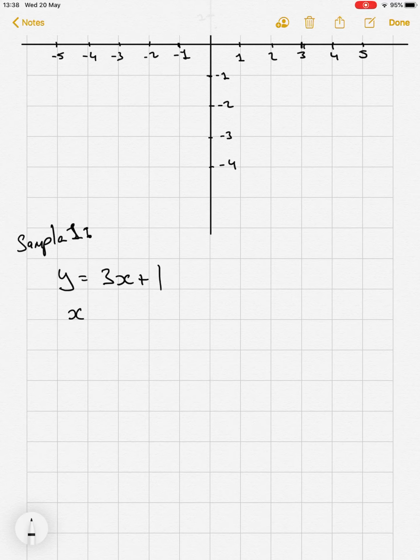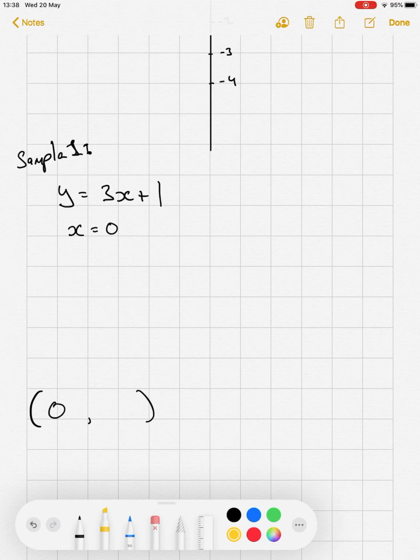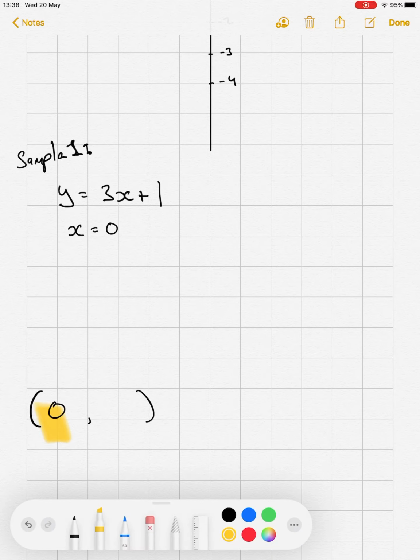So I'm just going to pick a value for x. The easiest value you'll always choose is to let x equal 0. That means you have a single point, 0 something. The x bit is going to be 0, and we're trying to find the y bit now.